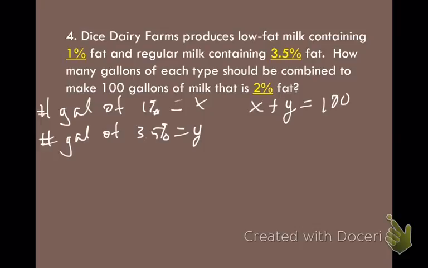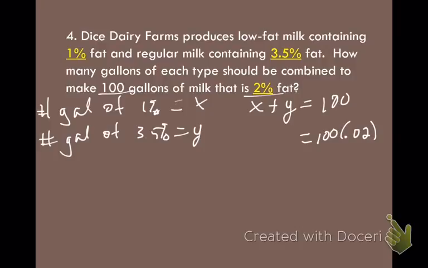Now, I want to convert this into the amount of fat. How much fat is in each gallon amount, right? Well, if we're going to make 100 gallons of 2% milk, then to find out the amount of fat in there, I would take my 100 gallons and multiply it by 0.02, because that's 2%.